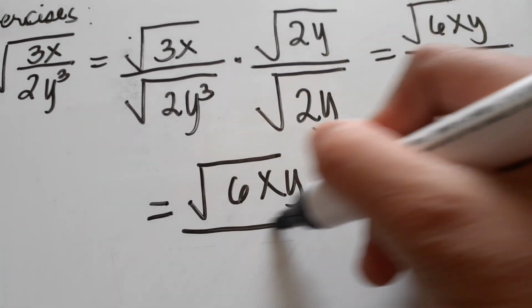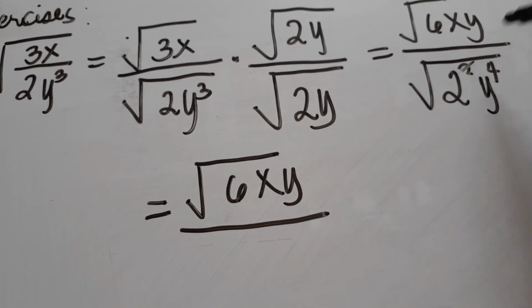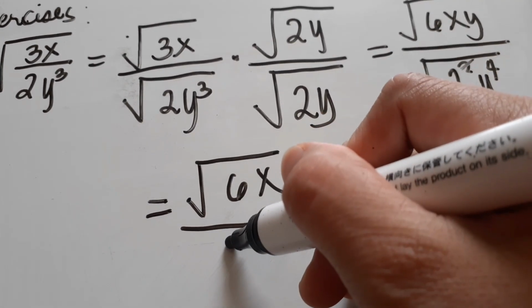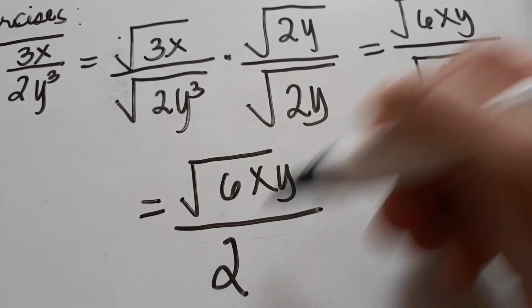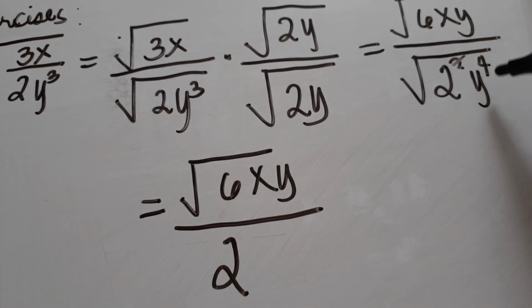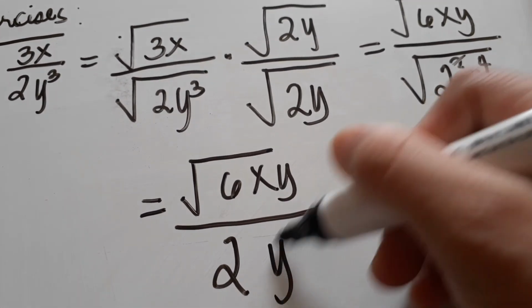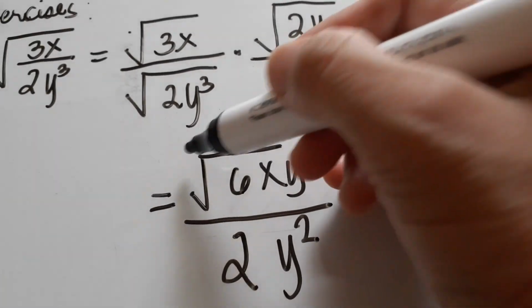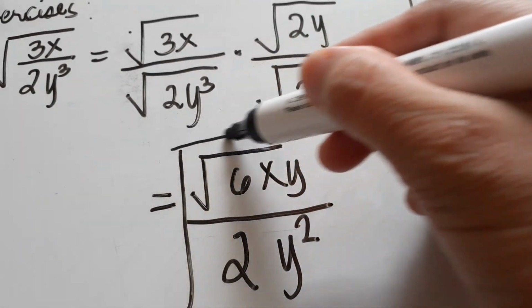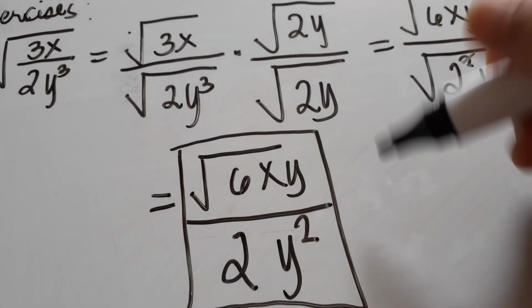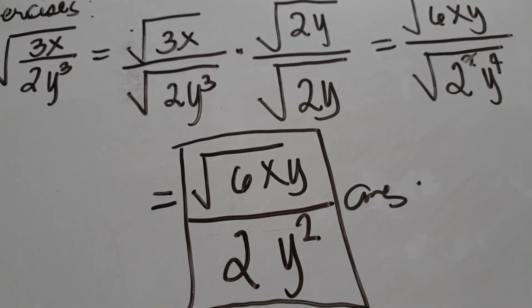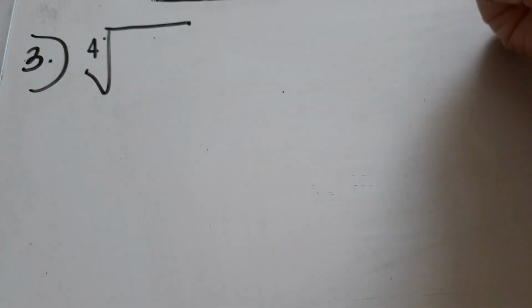So the answer is the square root of 6xy, cancel out 2, which leaves 2 under the denominator, and this is the answer: square root of 6xy over 2y squared. And let's have another exercise.